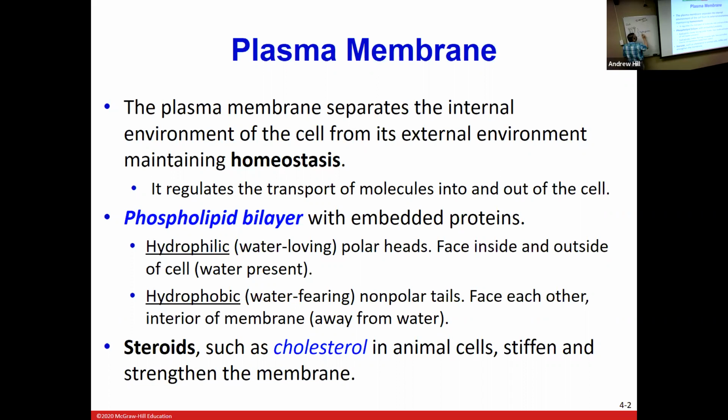Remember, hydro means water and phobic means fearing, so this is a water-fearing region. It's relatively difficult for water to pass the membrane. Today we'll talk about how water can go through your plasma membrane, even though we have this large hydrophobic region in the middle.